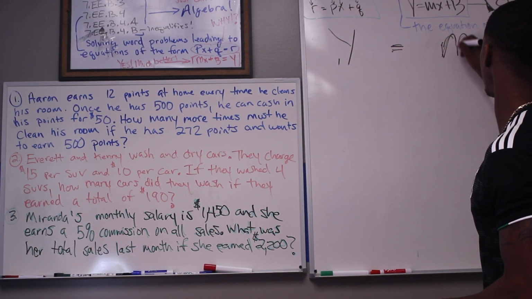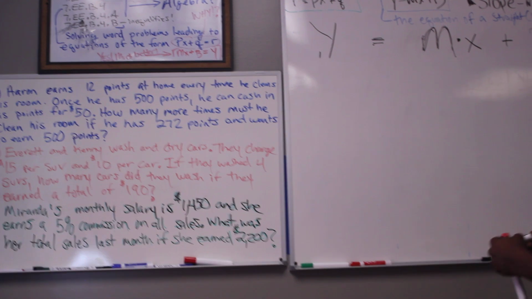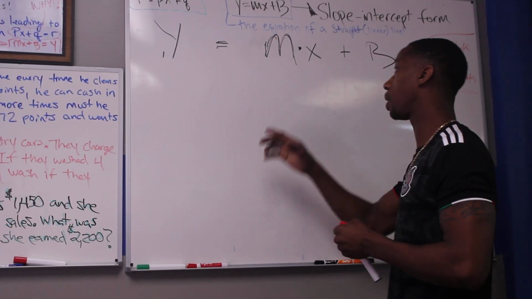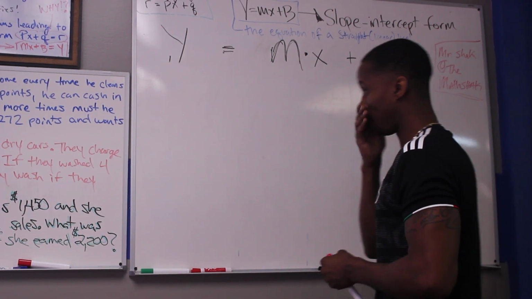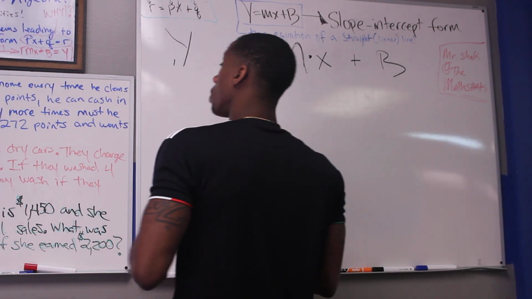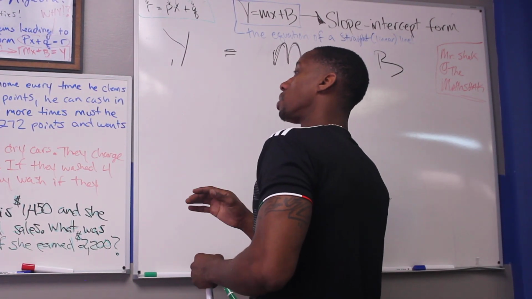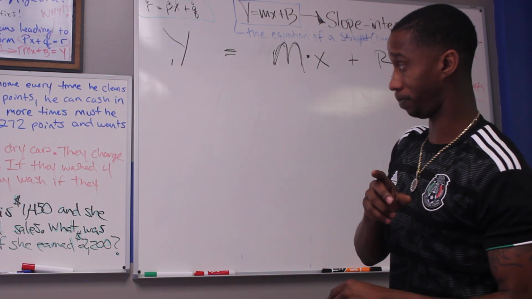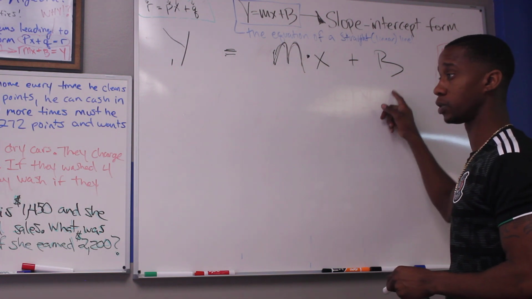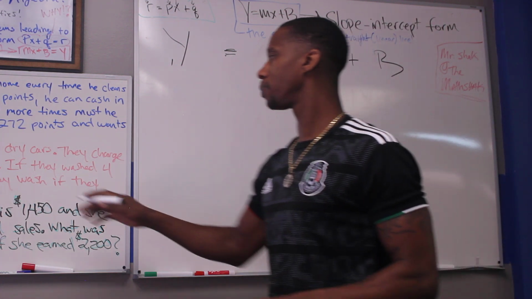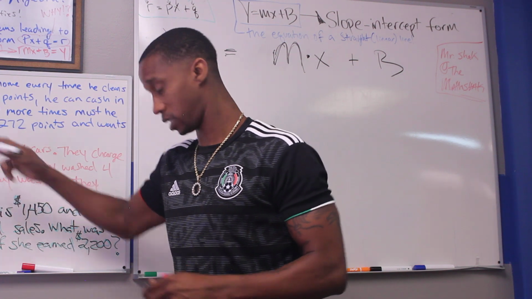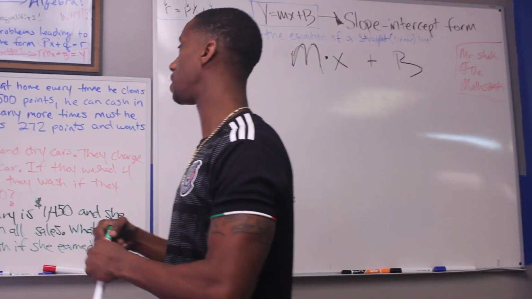So, let's see how that plays into what I just talked about, our real life meanings of y, m, x, and b. Right off the bat, after I finish reading this entire problem, I've already located my b. There's a starting amount, an initial amount. How much is he starting with? Well, it says if he cleans his room and he has, meaning that's the past tense.